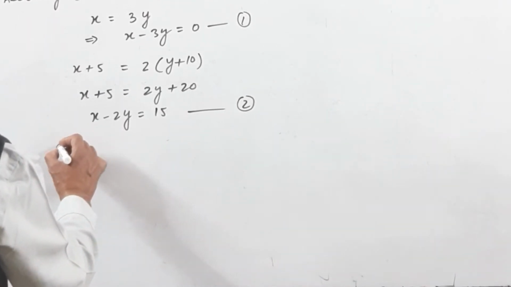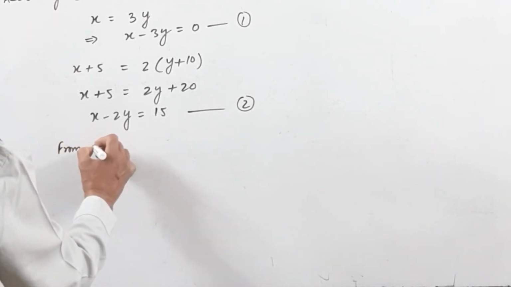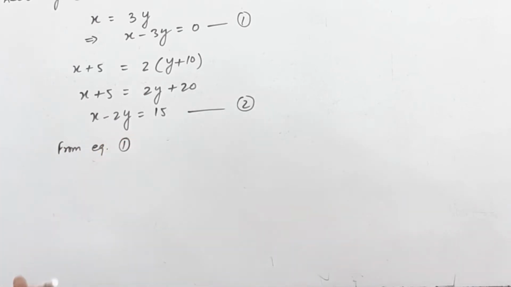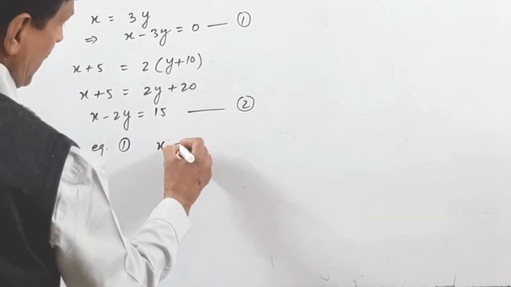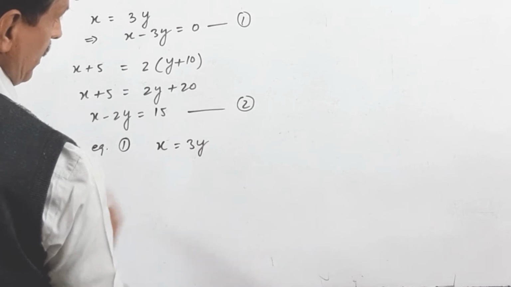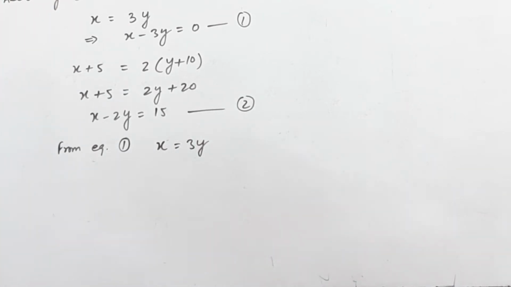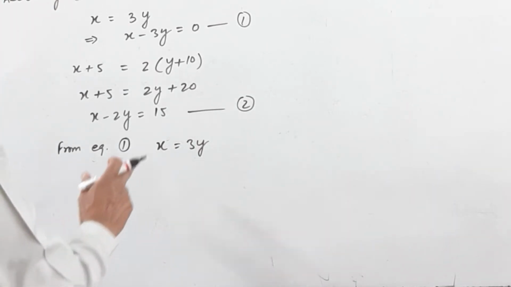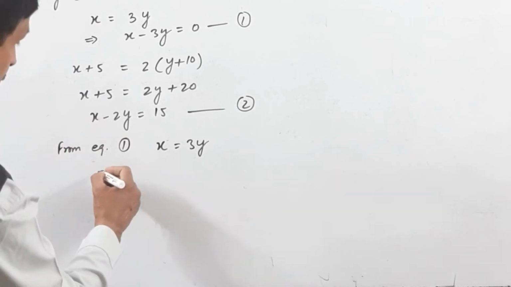Now solving the two equations. From equation 1, x is equal to 3y, we substitute this value of x in the second equation.